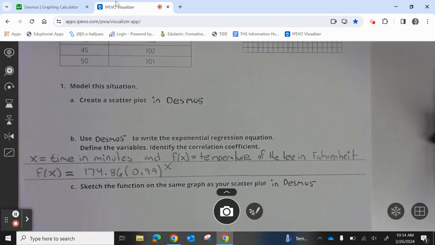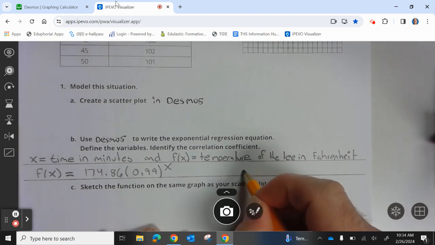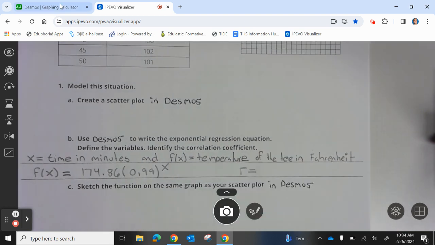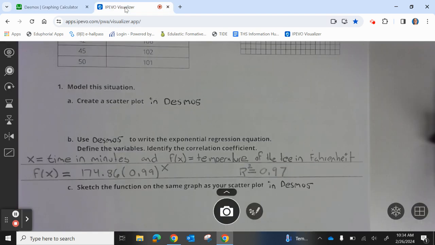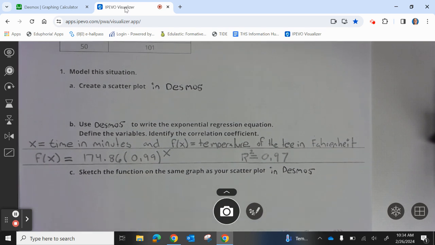Okay, so our equation is f of x equals 174.86, parentheses 0.99 to the x. And our correlation coefficient, in this case r squared, is equal to 0.97. Sketch the function on the same graph as the scatterplot in Desmos, which we did.